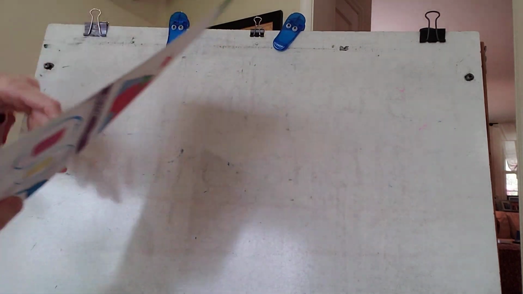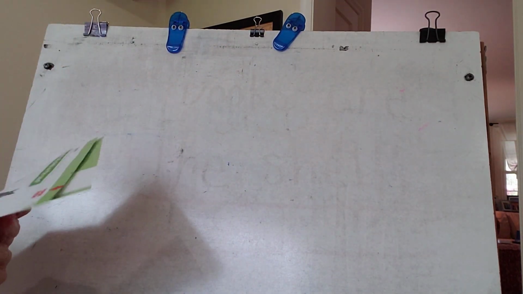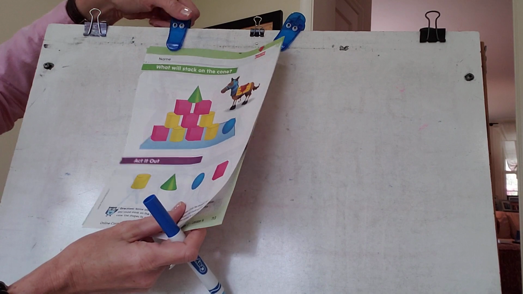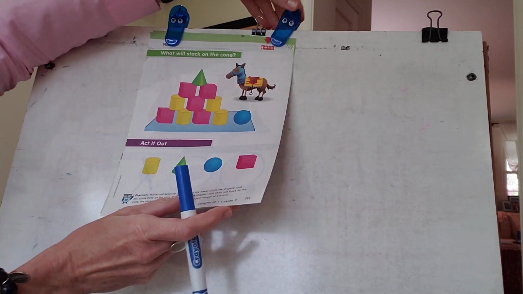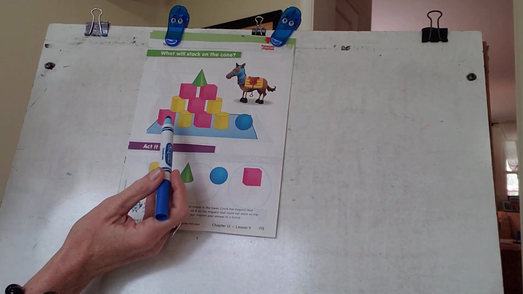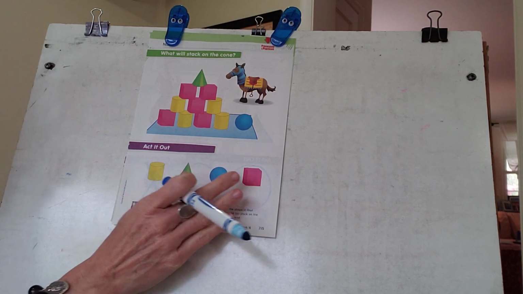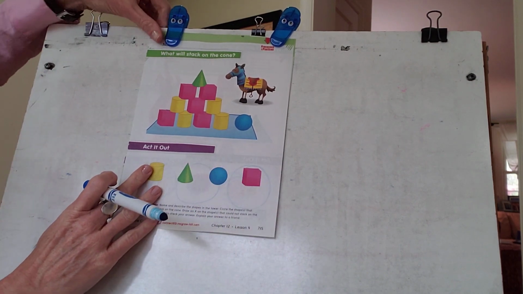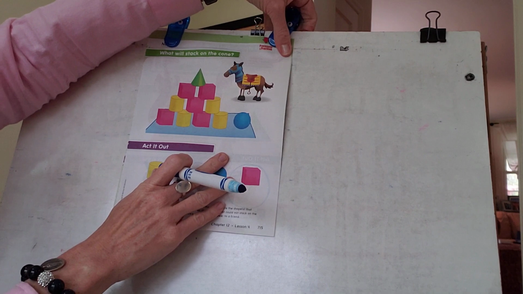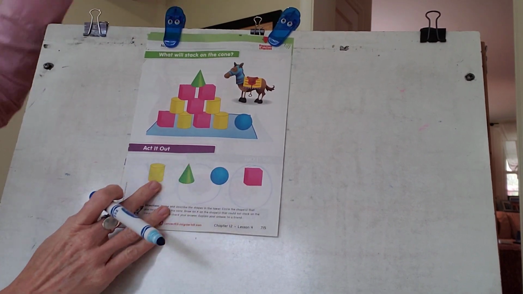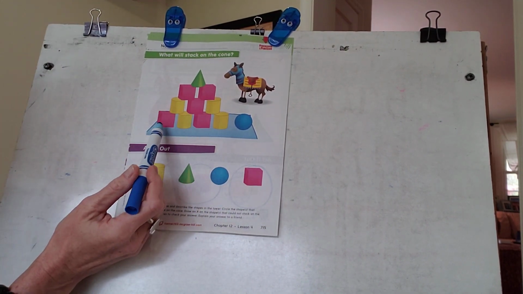Good job. All right, let's go ahead and turn to the last page. On this page, let's name the different solids or the shapes that the poor knight's horse used to make his castle. Let's take a look.